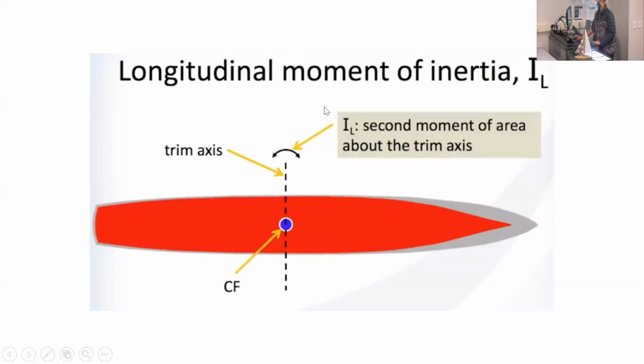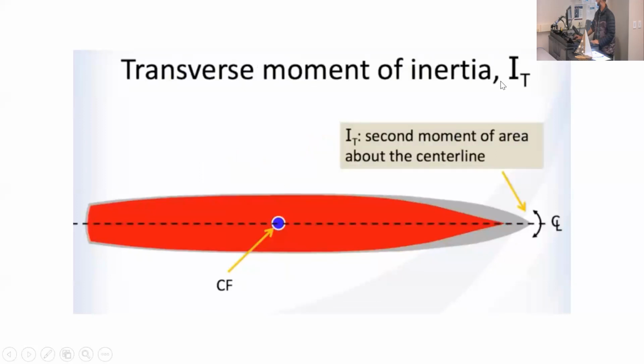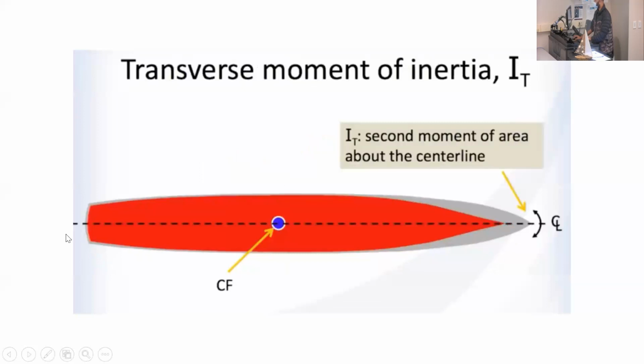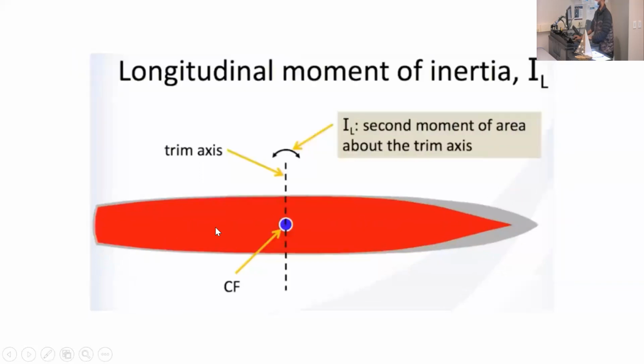So we have an IL, which is the moment of inertia about the trim axis. Does it make sense why this is called the trim axis? The trim angle, pitching up or down, happens about this axis. So the hull rotates about this axis, nose up or nose down. This is called I longitudinal when it's across the transverse axis. Why? It seems flipped. The other is called I transverse when it's across the longitudinal axis. Why is that?